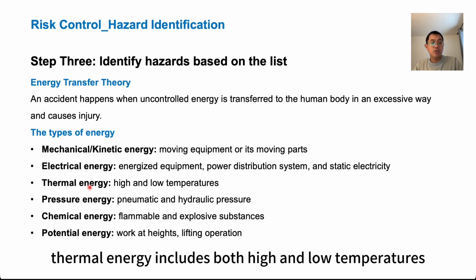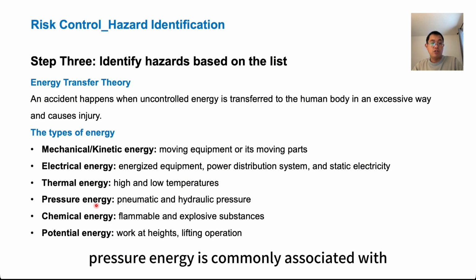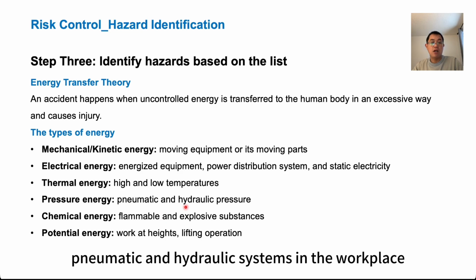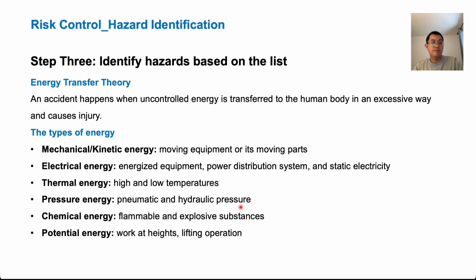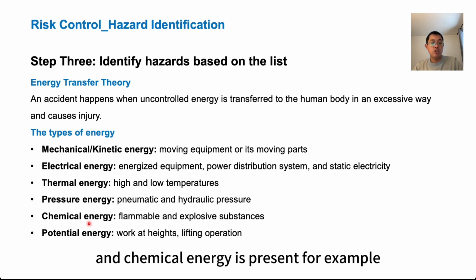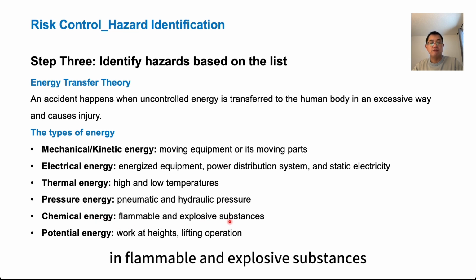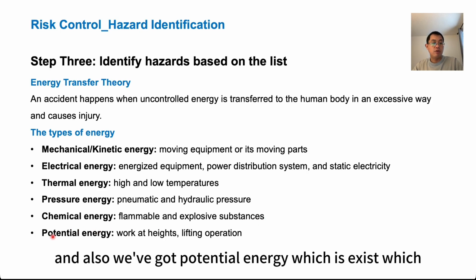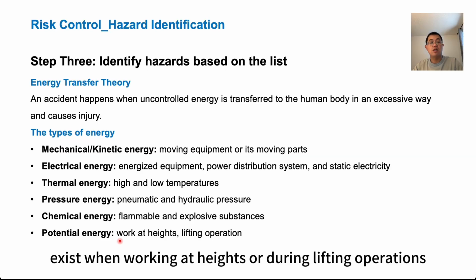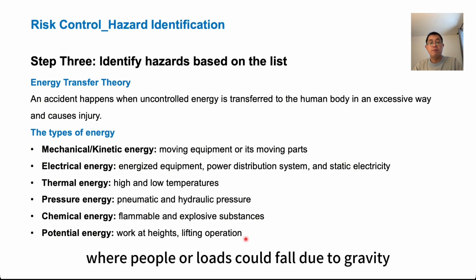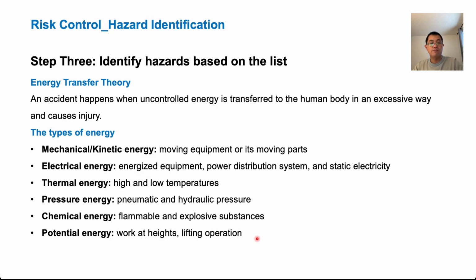And thermal energy includes both high and low temperatures. Pressure energy is commonly associated with pneumatic and hydraulic systems in the workplace. And chemical energy is present, for example, in flammable and explosive substances. And also we've got potential energy, which exists when working at heights or during lifting operations where people or loads could fall due to gravity.